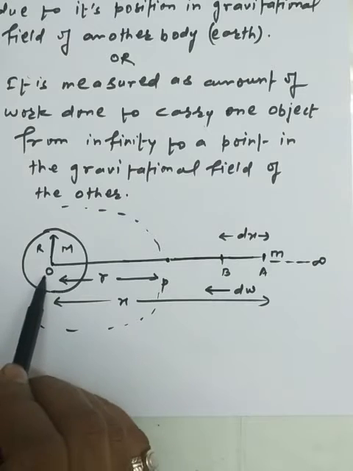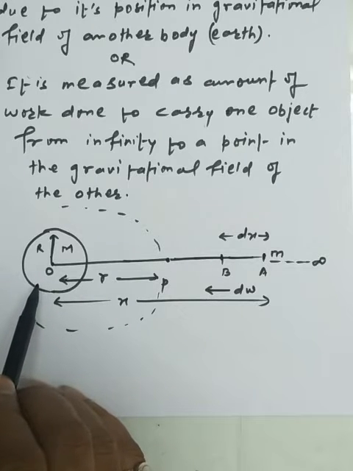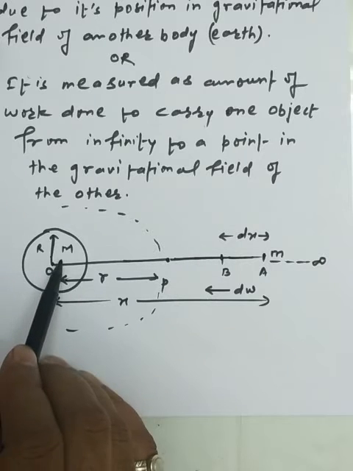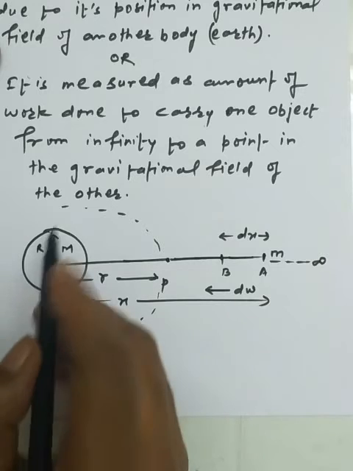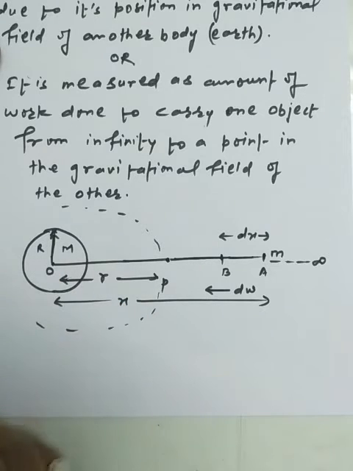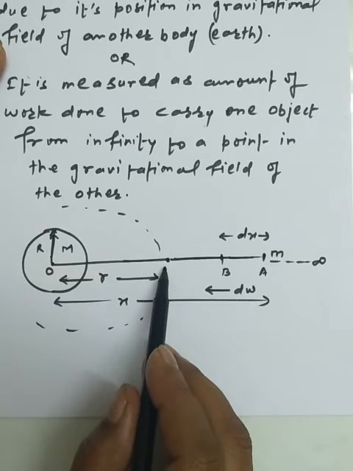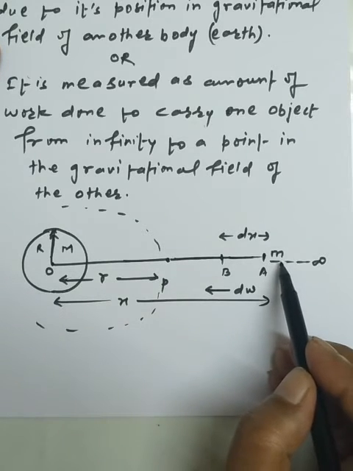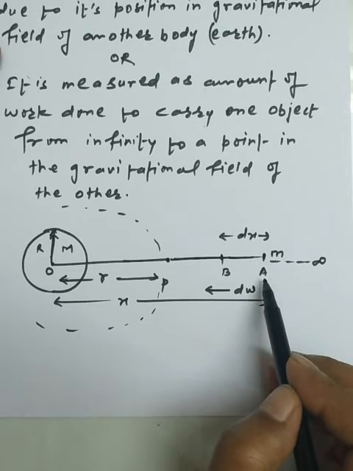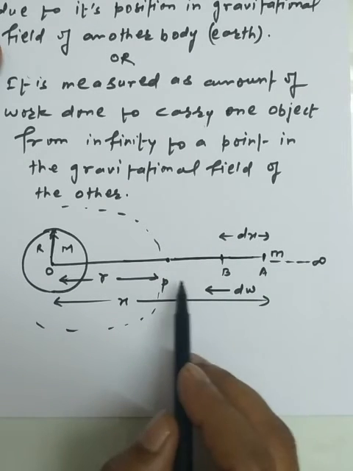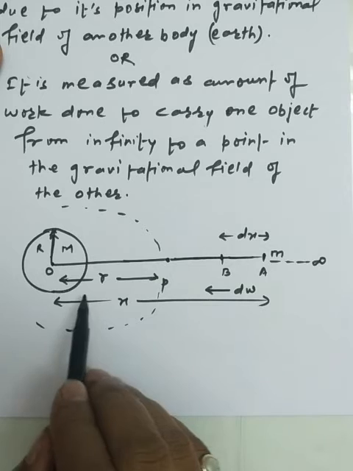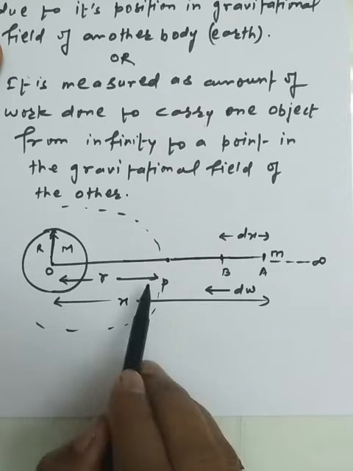This is the center of the earth, of mass M, which has its radius, capital R. And we take an object of small mass m at a point P, which is at a distance r from the center O.